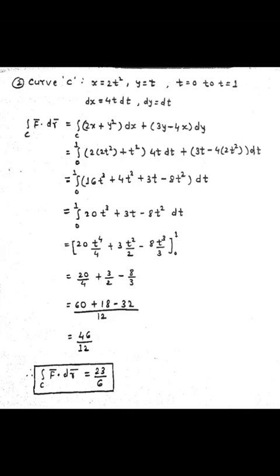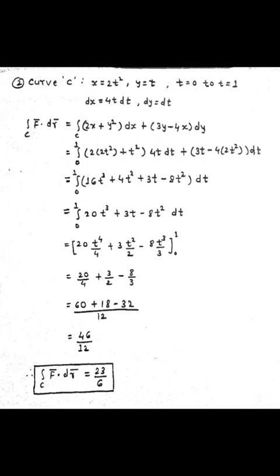Now to make it simple, we need to open all the brackets. So it is 4t square, and this 4t is outside, so it becomes 16t cube. Similarly, t square into 4t is 4t cube. Now this 3t is as it is here, and simplifying this, it becomes 8t square.